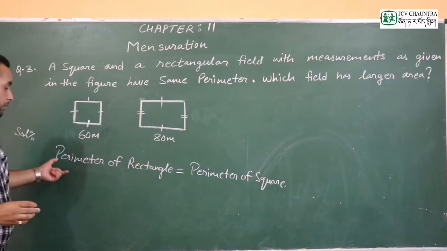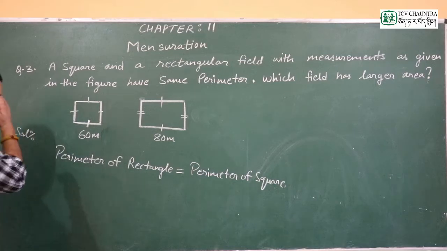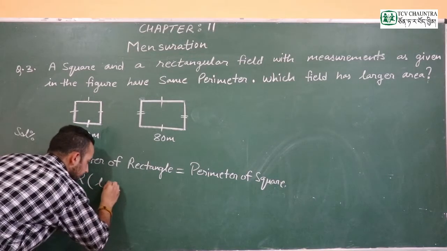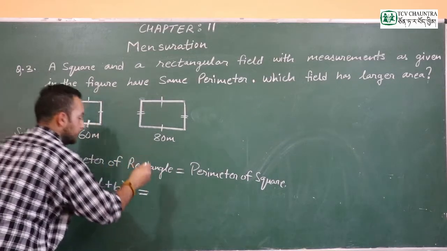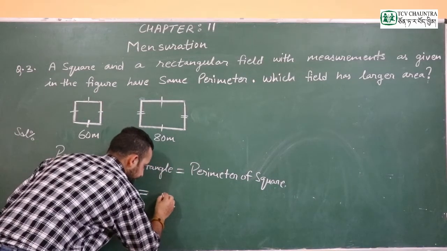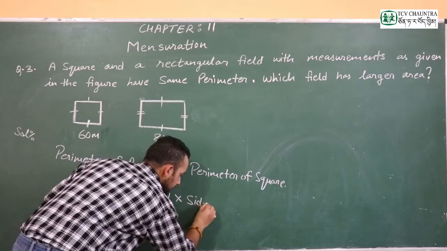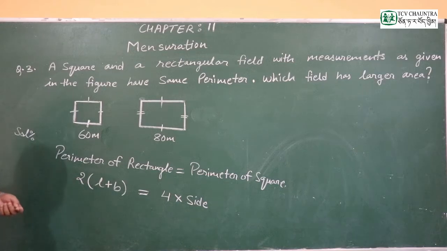The formula for the perimeter of a rectangle is 2 times (length plus breadth), and on the other side the perimeter of a square is 4 times side. So this is the perimeter of the square and this is the perimeter of the rectangle.